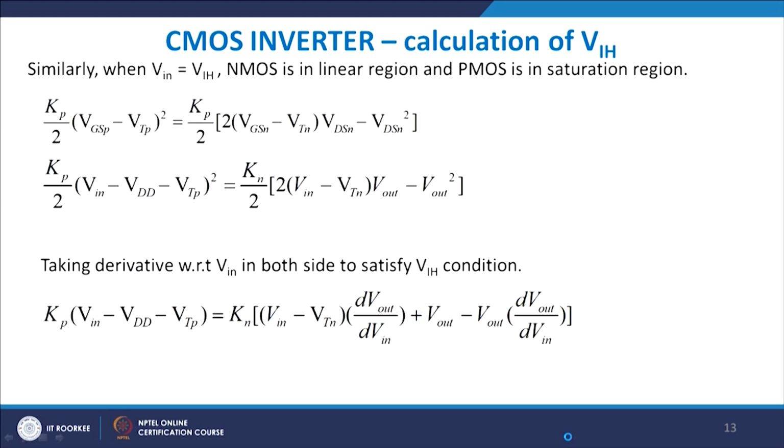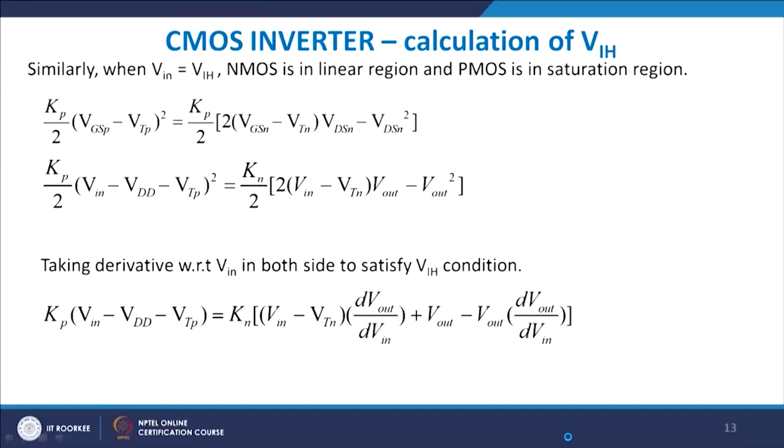If you want to calculate the value of VIH, then VIH is input high, which means that whenever my input is high and output is low, anything larger than that is not expected from you. So, if I solve it, that is exactly the same: (VGSP minus VTP) whole square is equal to this whole quantity.